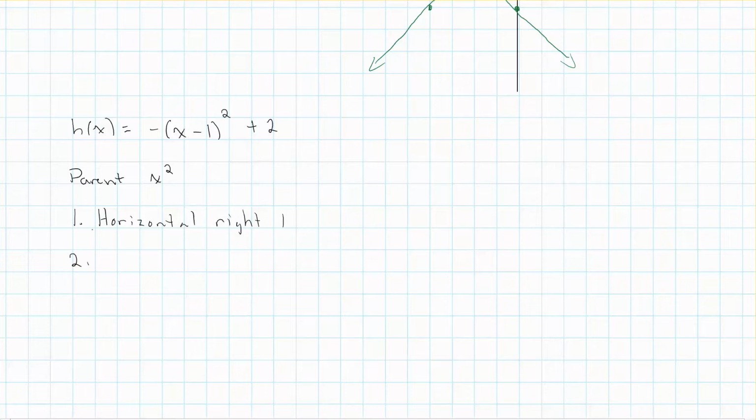Then I've got reflection about the x-axis. And then we have a vertical shift up 2.